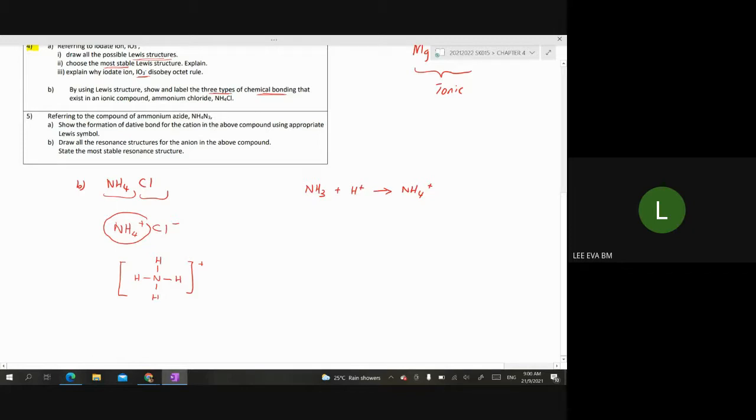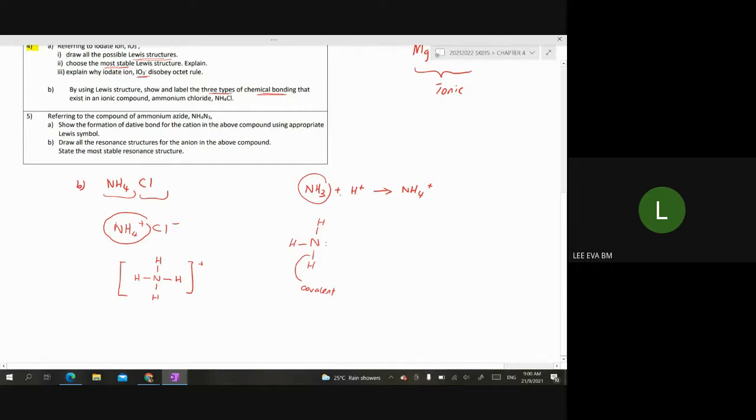But you have to recognize NH3, dalam NH3 adalah kita punya covalent bond. Sorry, Madam draw it again. So inside NH3, yang original nitrogen ini, bonding ini adalah covalent bond. Okay?